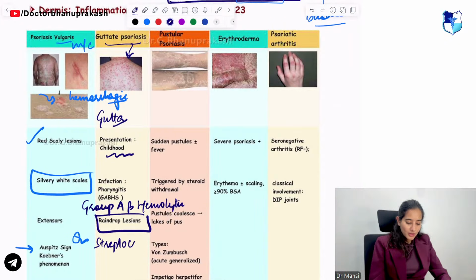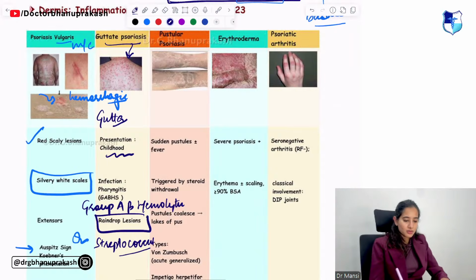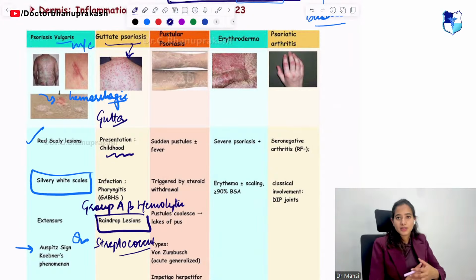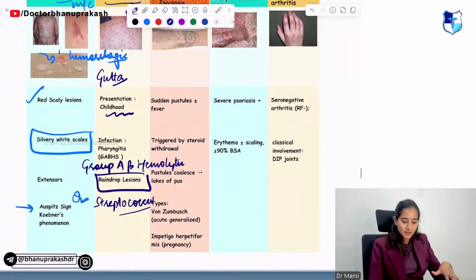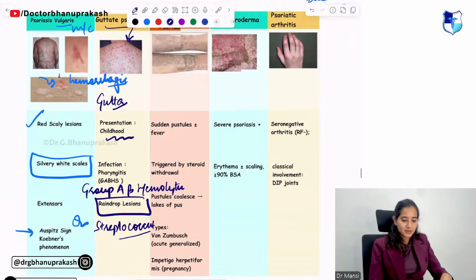This causes pharyngitis and this is followed by guttate psoriasis. So when you take history, you will know that the child was having fever, pharyngitis, and then after some days this happens. Yes, Moses, 28 days is the normal epidermal transit time.